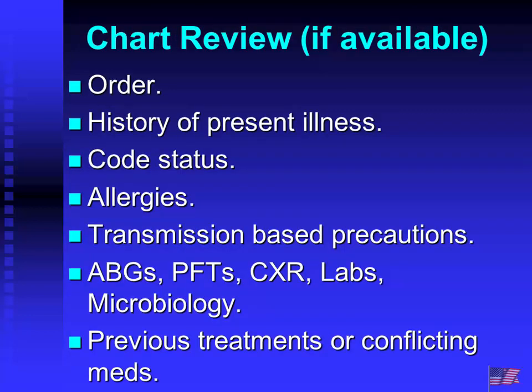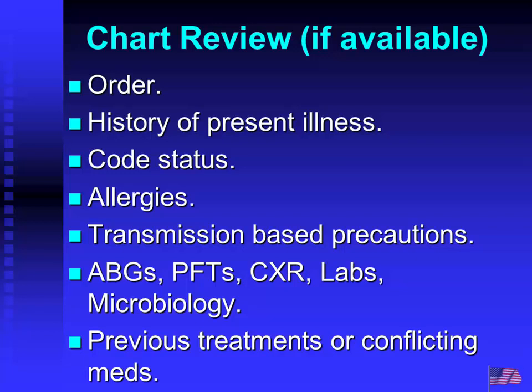Looking back at the patient's chart, we want to make sure that we have our written order. We have a history so that we can go back and see if there's any kind of indices in the medical record as far as how severe this is. Looking at his code status is always nice, so that when we walk in the room, we're not finding that he's a no code and we're there supposed to be doing something to him.